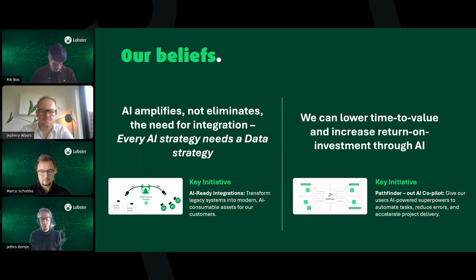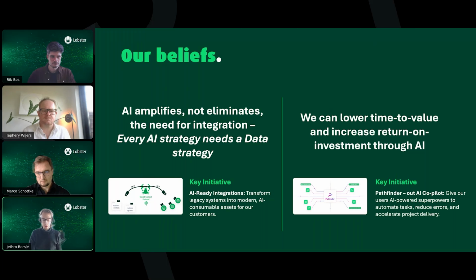The second part of what we believe is that we can be even faster on the data platform itself. So we can lower our time to value and increase the return on investment for our customers by providing them with an AI-driven Copilot. We call it Pathfinder. If you want to learn a lot more about it, in the last release webinar, we shared demos and examples of what it can do.